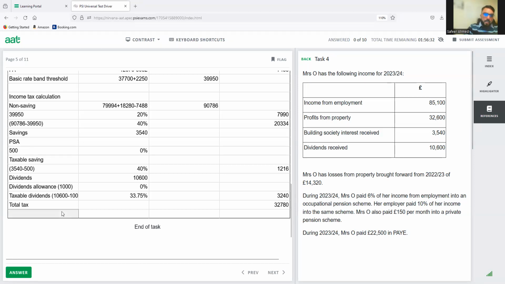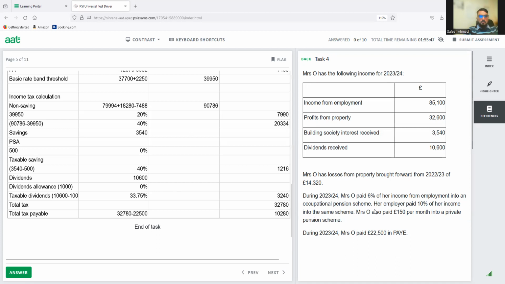Now the total tax payable: remember that some of this tax has already been paid. So the total tax minus pay as you earn, which is the tax deducted at source, already paid via payroll, which is 22,500. So the person's tax payable will be 10,280. So I hope that this video was helpful.